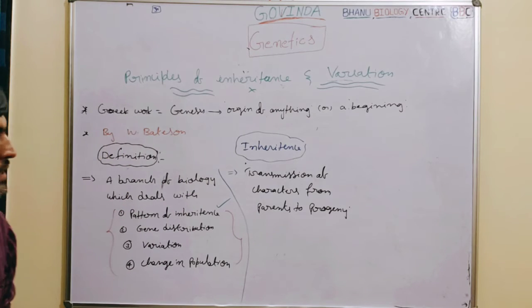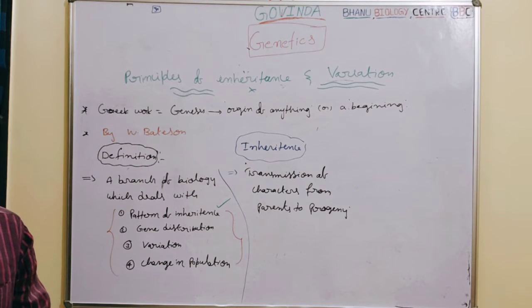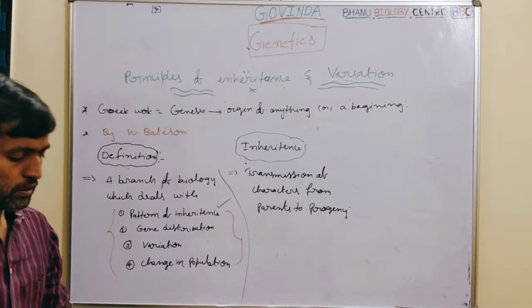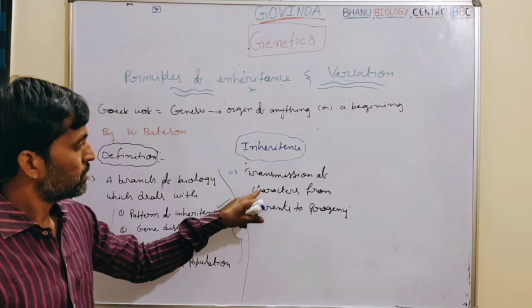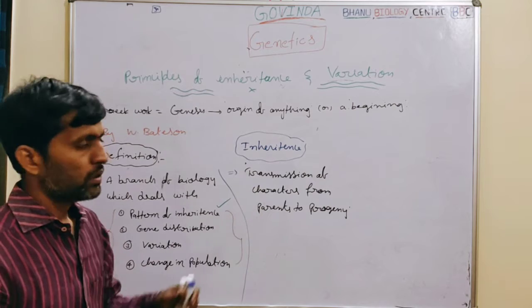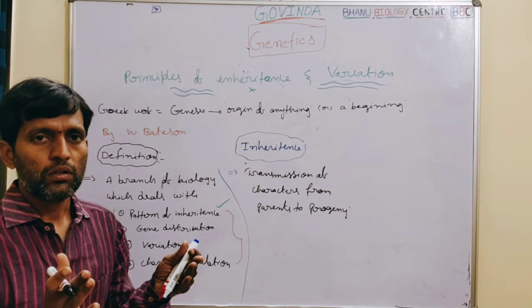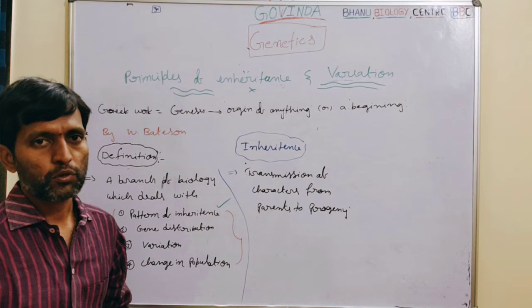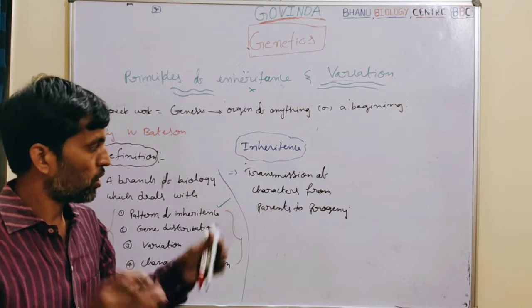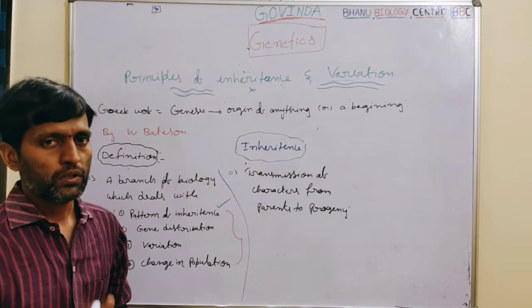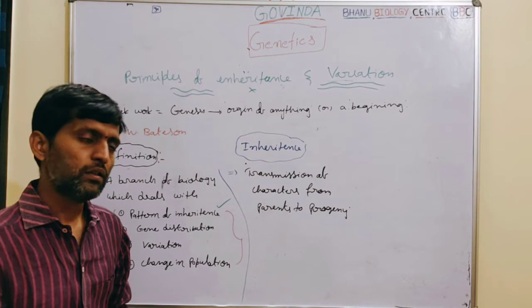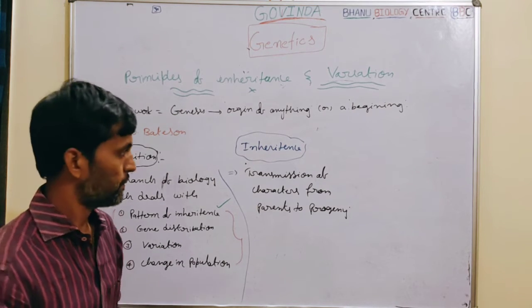It is called inheritance or heredity. So during the sexual intercourse, the gametes are transferred from parents to their progenies. So along with the gametes, the certain characters also shift from parents to their offsprings or progeny.